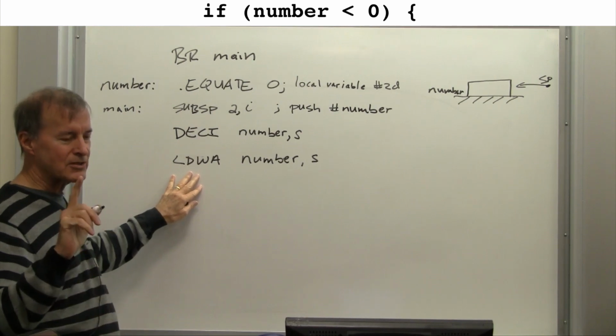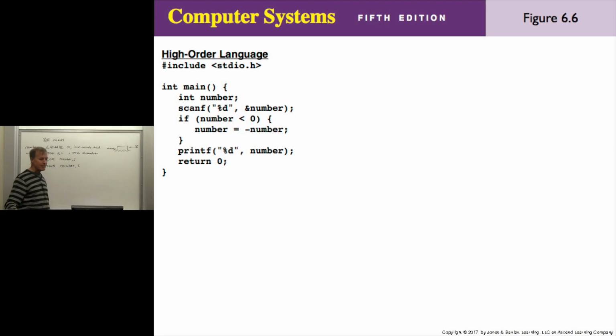Now, I have a question. When do we want to do number gets minus number? Do we want to do that if the test is true, or if the test is false? If it's true. But what instructions do we have to work with? Branch instructions.